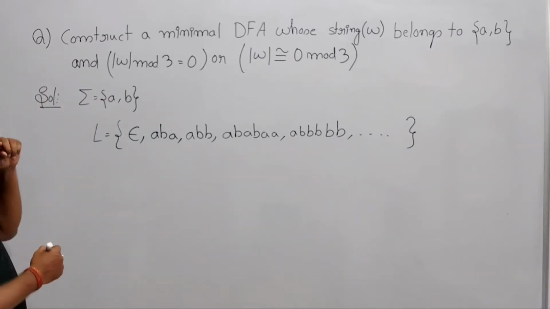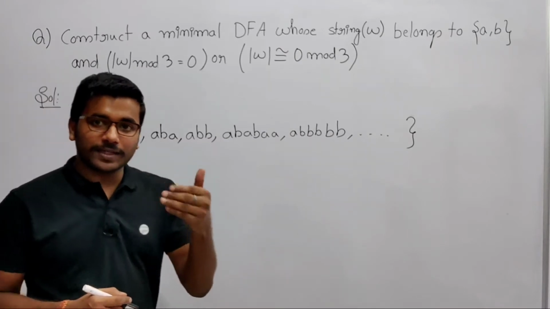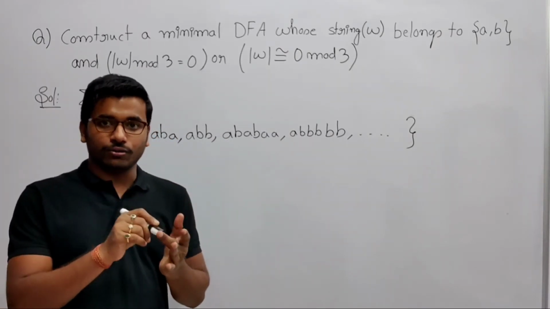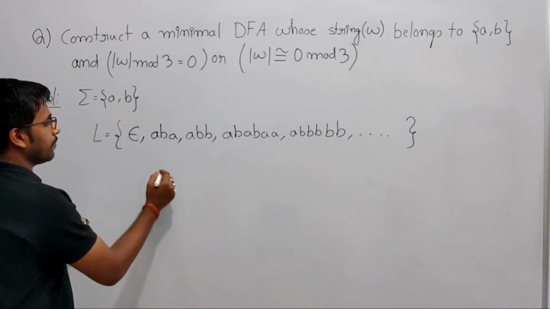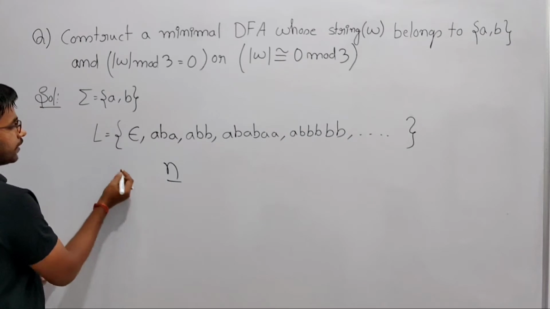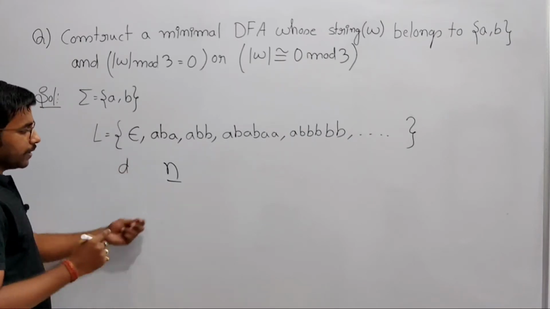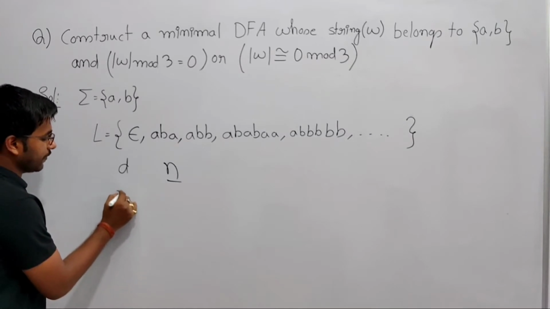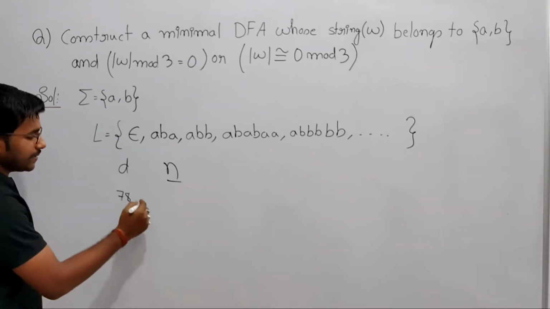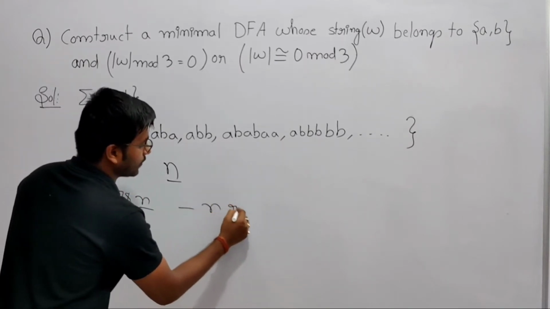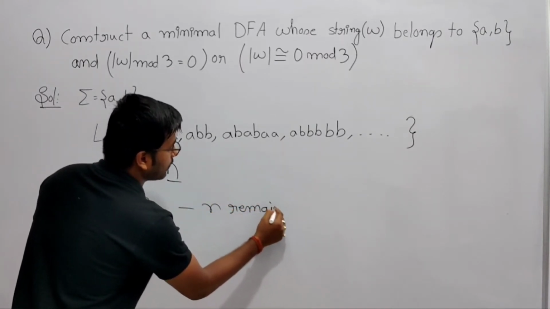Similarly, when you divide anything by 3, you are going to get 3 remainders: 0, 1, 2. Whenever you divide any number by n, you are going to get n remainders.